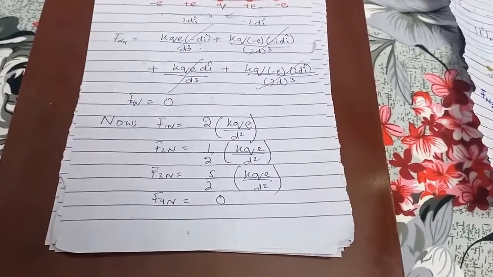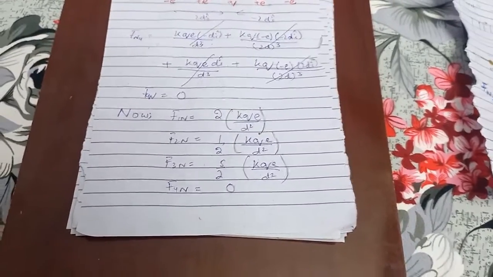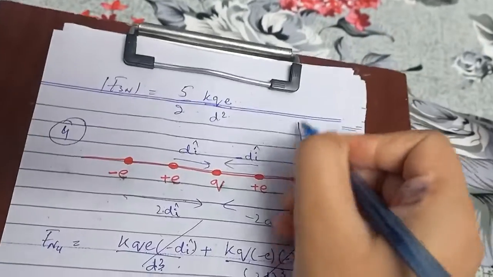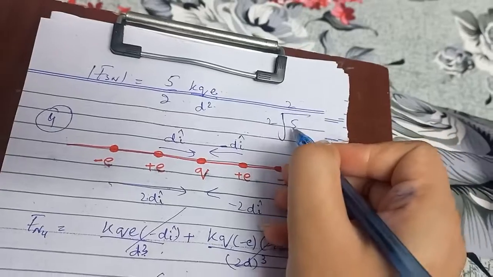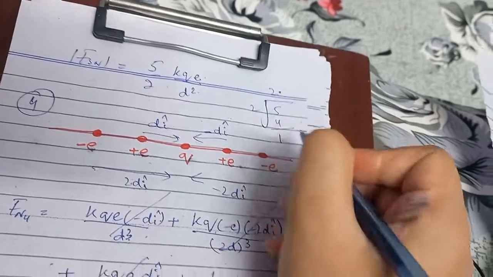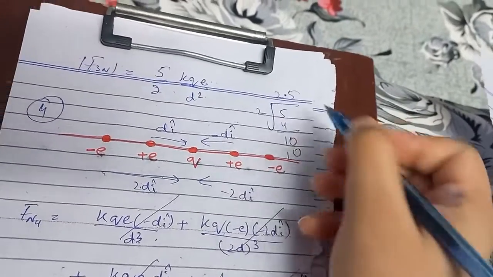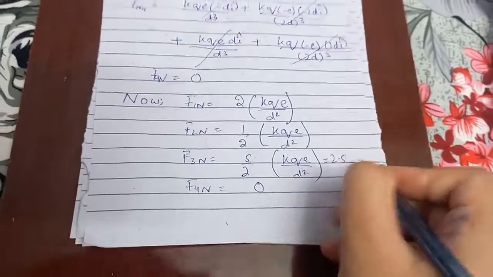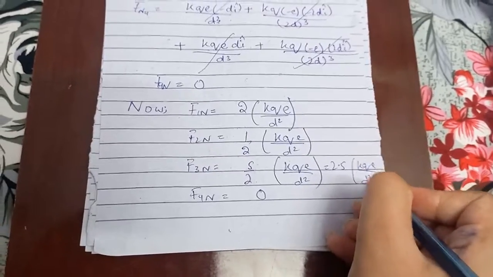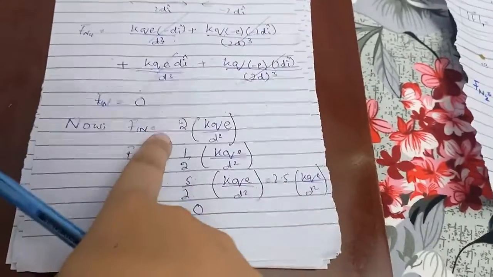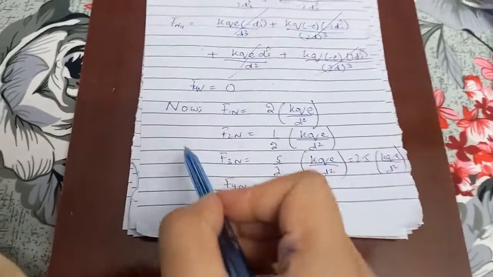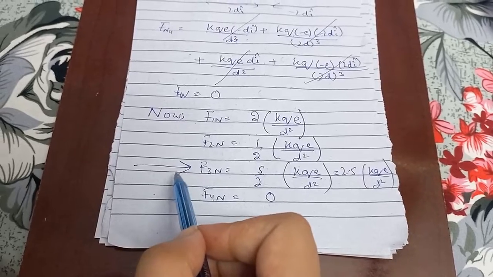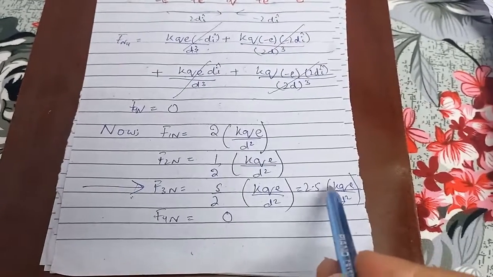Now let's see which is maximum and which is minimum. 5 by 2, what is 5 by 2 equal to? 2 2s are 4, 10 is 2.5. This is actually 2.5 times kqe over d square, and we can see here 2.5 is greater than 2. So in this configuration, the central atom experiences the maximum force.